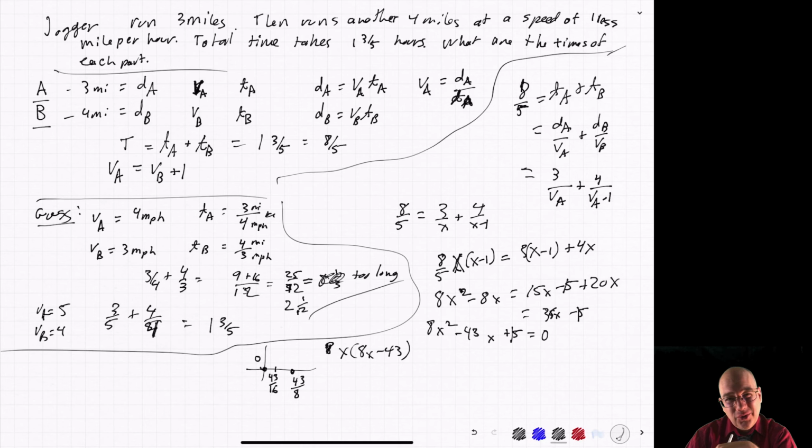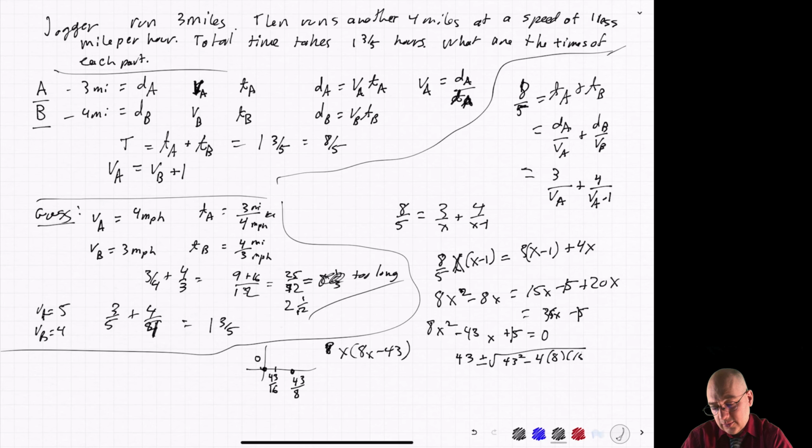I mean, do you see what happened here? Guess and check. I didn't actually know the answer beforehand, and I just stumbled on it, right? Pretty easy. And then this whole quadratic thing, I could try the quadratic formula too. So I get 43 plus or minus the square root of 43 squared minus 4 times 8 times 15, all divided by 16.